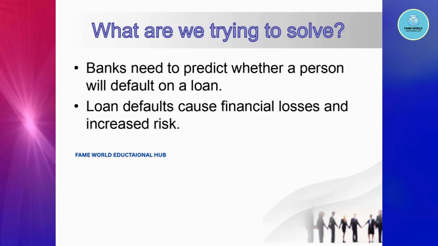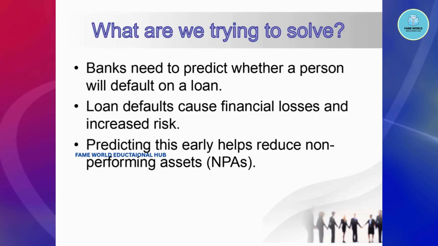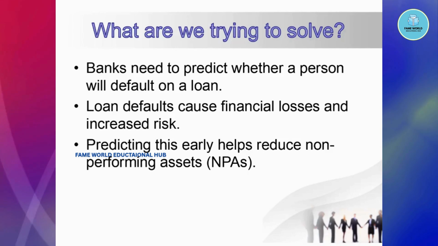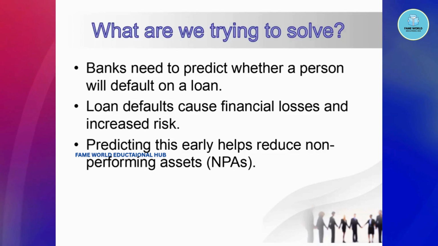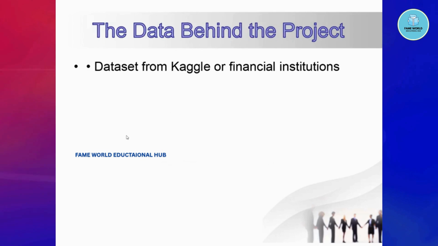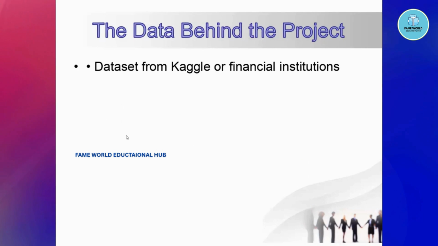These defaults can lead to massive losses. So, the challenge here is simple. Can we build a system that helps banks predict the likelihood of default before issuing a loan? This is where predictive analytics powered by machine learning can make a real difference. By analyzing historical data of past borrowers, the system can make intelligent predictions about new applicants.